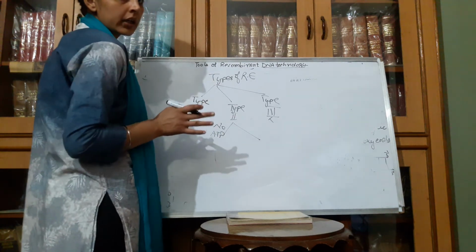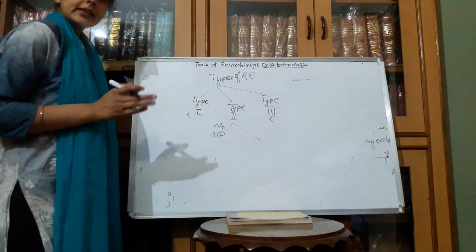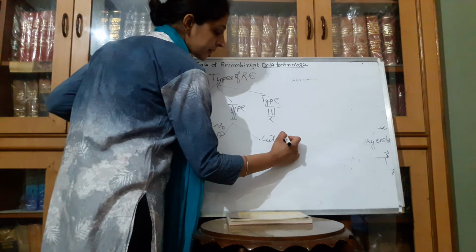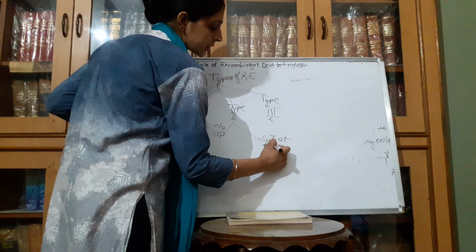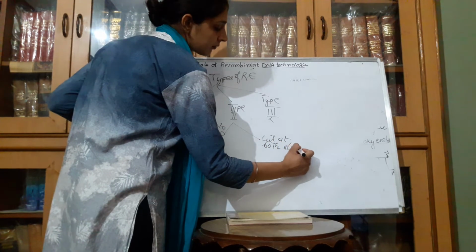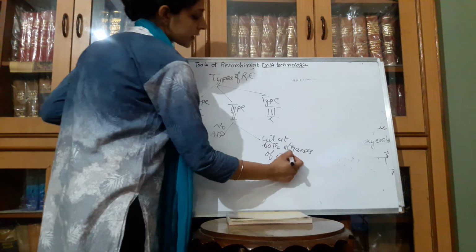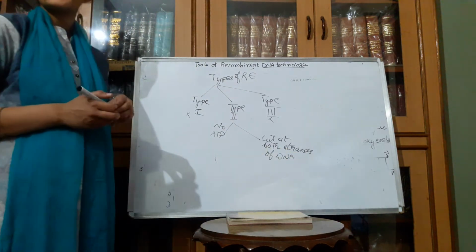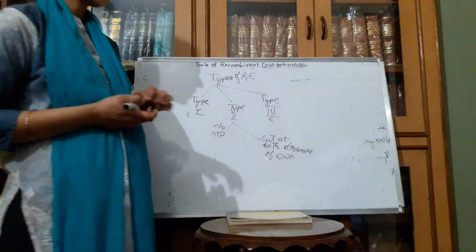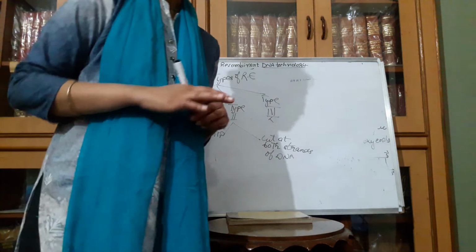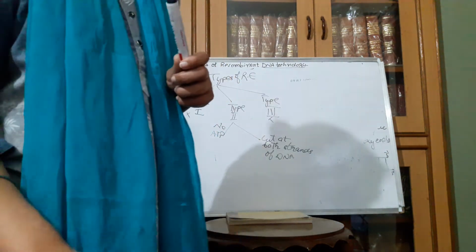The second is that it makes a cut in both strands of DNA. That is why type 2 is preferably used over type 1 and type 3.